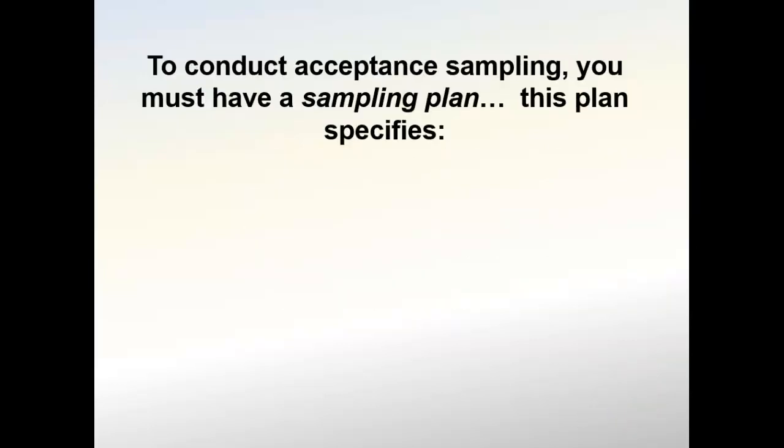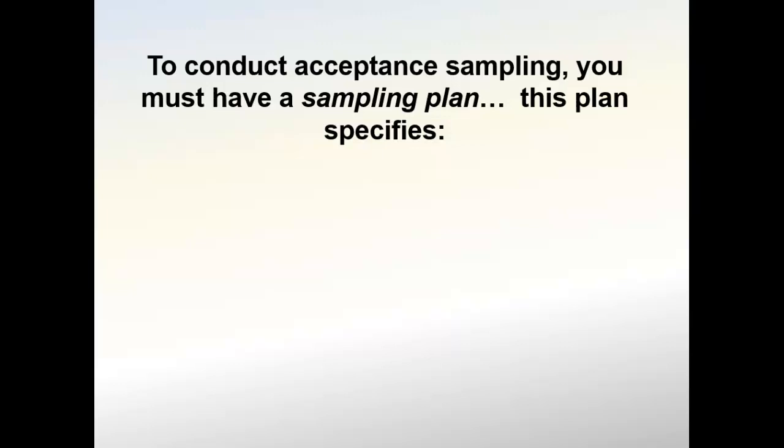Now again, a sampling plan is a defined procedure for conducting acceptance sampling, including criteria that determine rejection of the batch being sampled. Sampling plans are based on the following criteria: the size of the samples, the size of the lots or batches being sampled, and the number of samples to be taken.